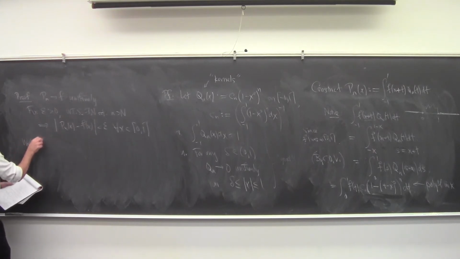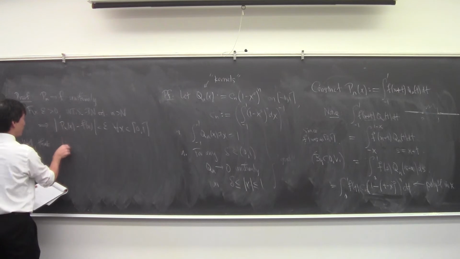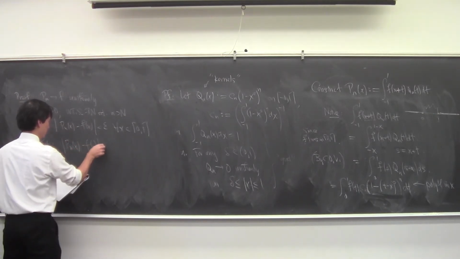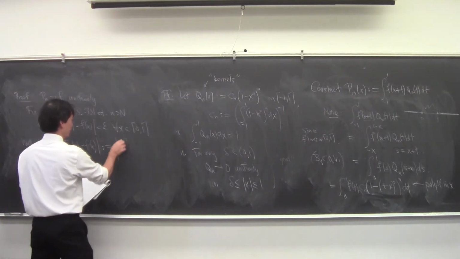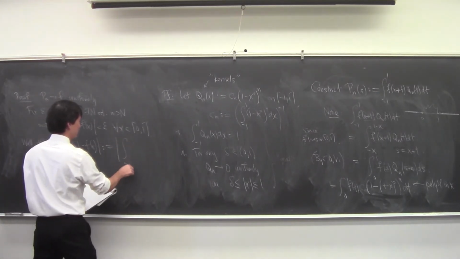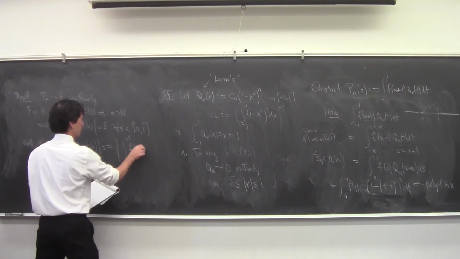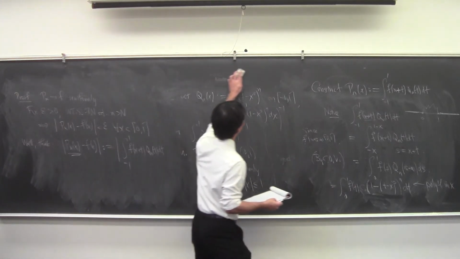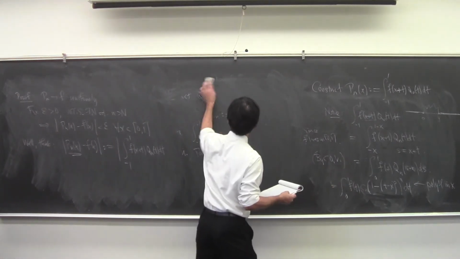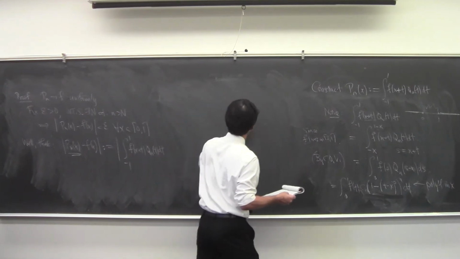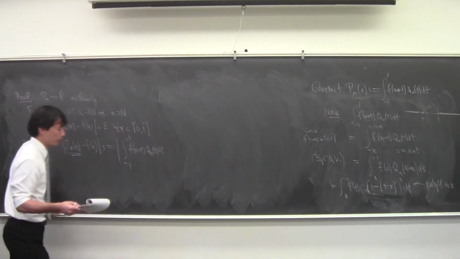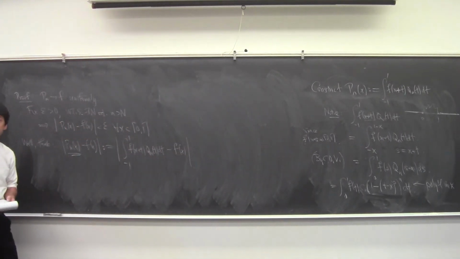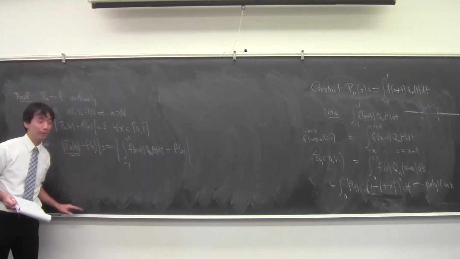This P_n(x) minus f(x) is, by definition, I'm just going to substitute for P_n, the integral from -1 to 1 of f(x plus t) Q_n(t) dt, minus f(x). I haven't done anything yet.